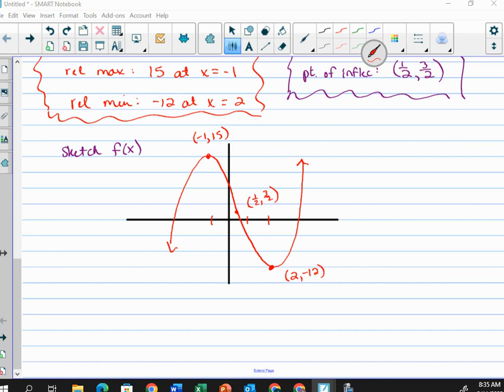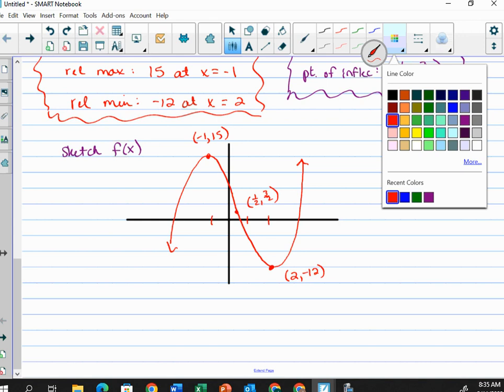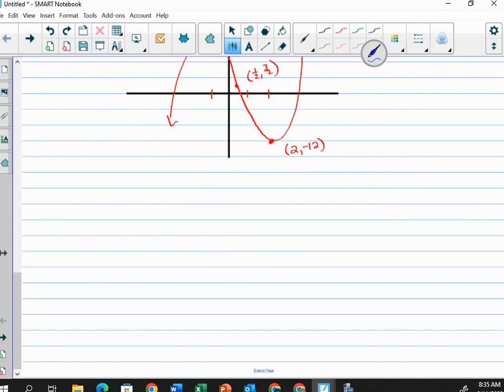All right, this one, your brain will think a little bit on this one, okay? All right, I am giving you the graph of f of x. Sketch f prime of x and f double prime.